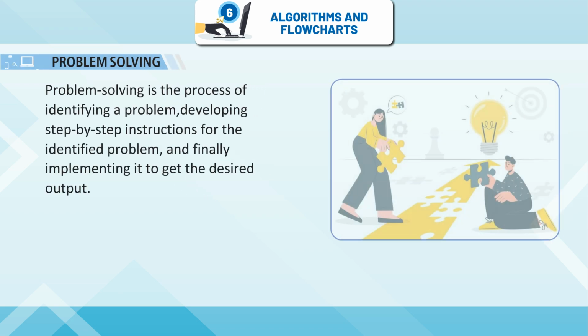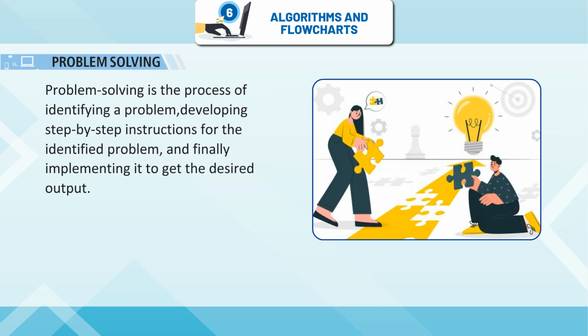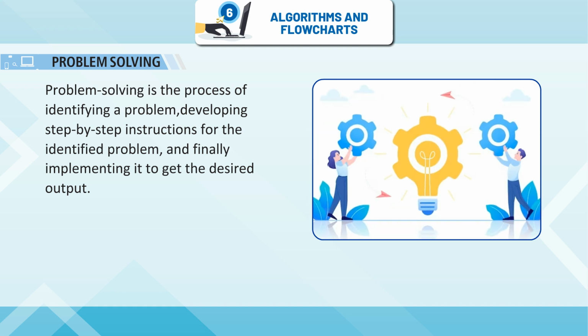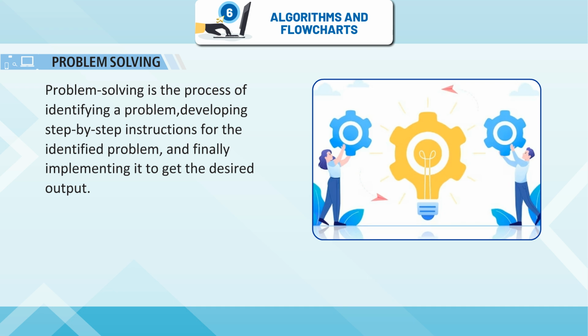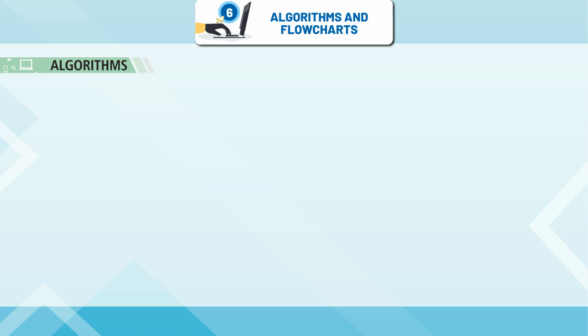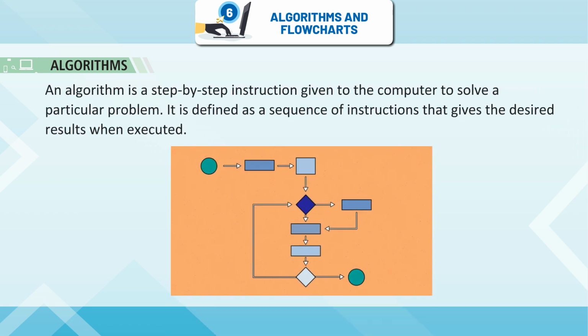Problem solving. Problem solving is the process of identifying a problem, developing step-by-step instructions for the identified problem, and finally implementing it to get the desired output. Algorithms. An algorithm is a step-by-step instruction given to the computer to solve a particular problem.